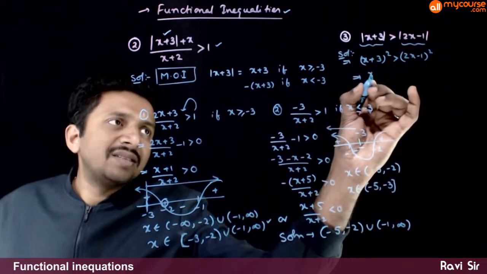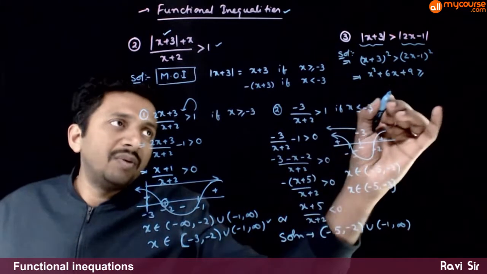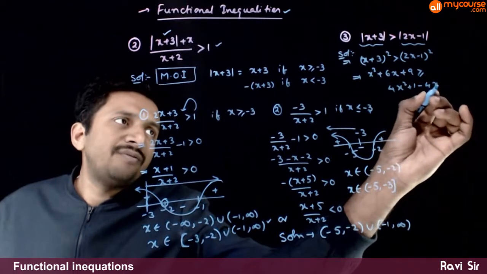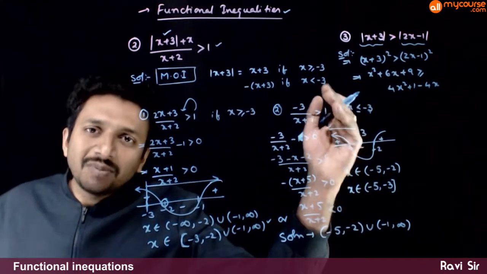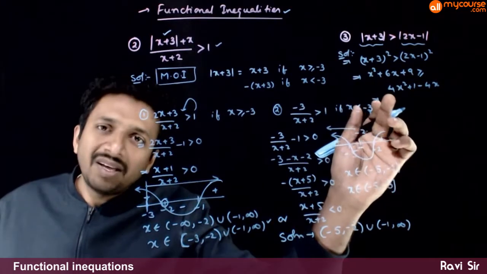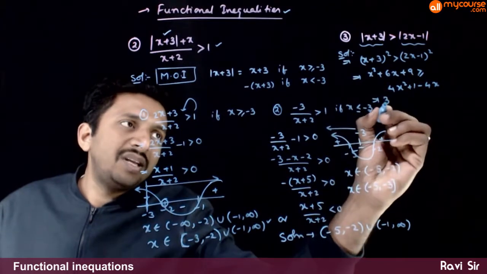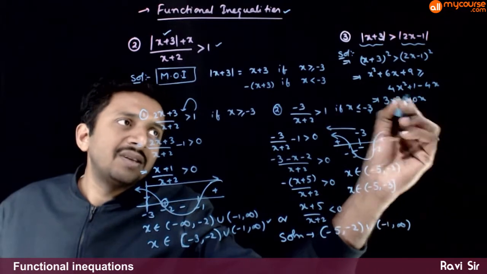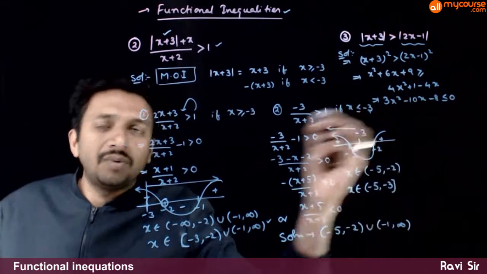This implies x square plus 6x plus 9 is greater than or equal to 4x square plus 1 minus 4x. So let me send all the terms onto one side. So let me send everything onto that side because you have a higher coefficient of x square here. 4x square minus x square is 3x square, minus 4x minus 6x is minus 10x, 1 minus 9 is minus 8 is less than or equal to 0.